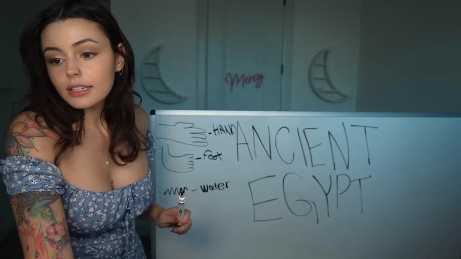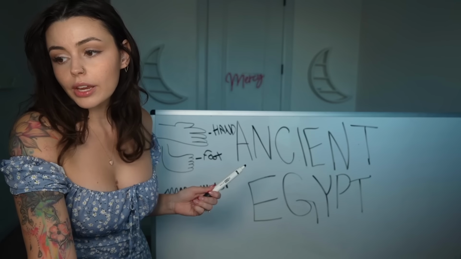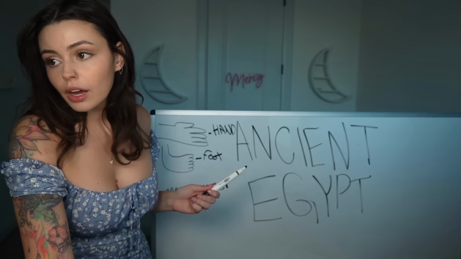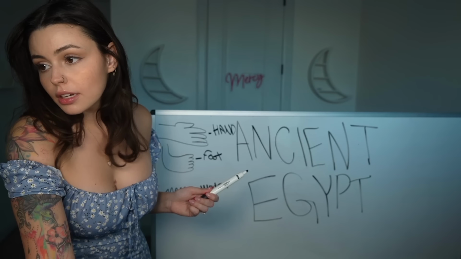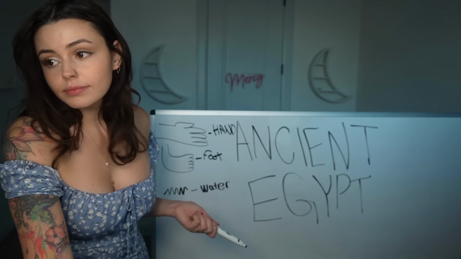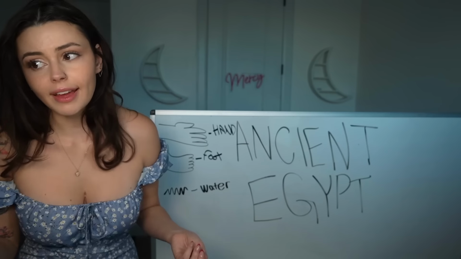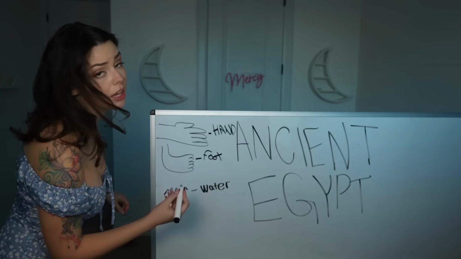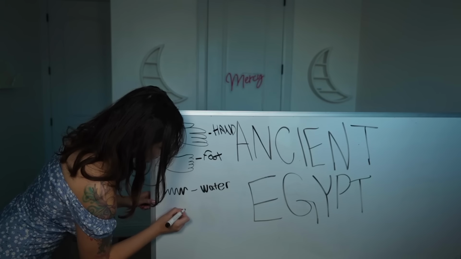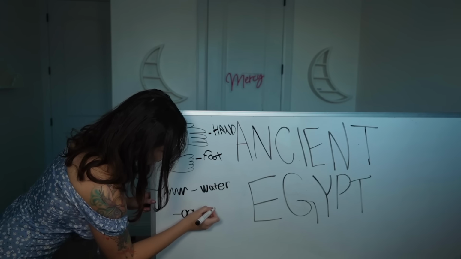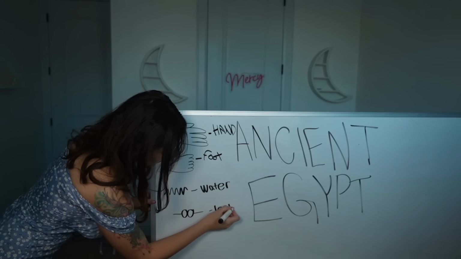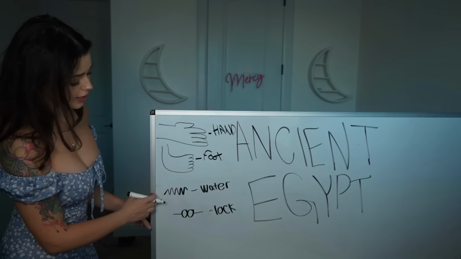And let's see, I've got another good one. I know I do. We've got a lock. That's a fun one. And what is that? You know what I mean? So a lock. Okay, water I can kind of understand.